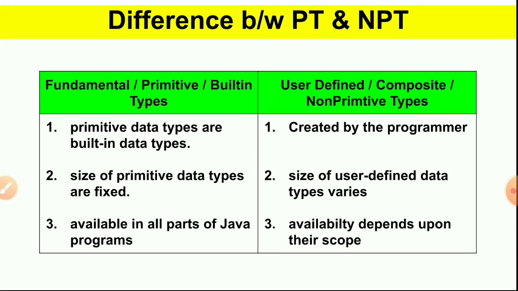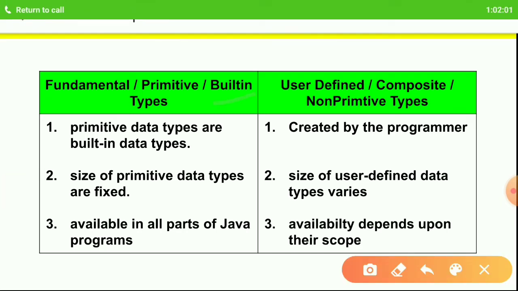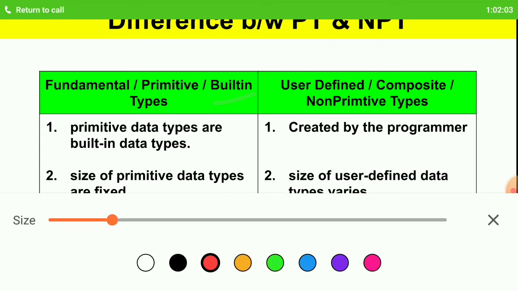Okay, now let's see the difference between built-in data types and user defined data types. Before that, I just want to remind you that built-in, primitive and fundamental are all the same thing.